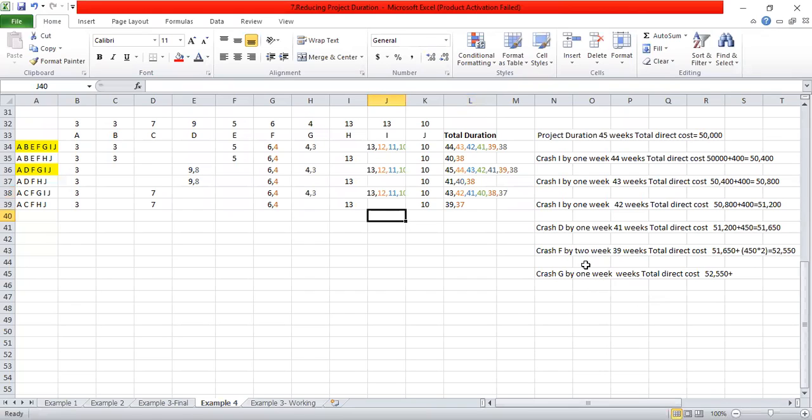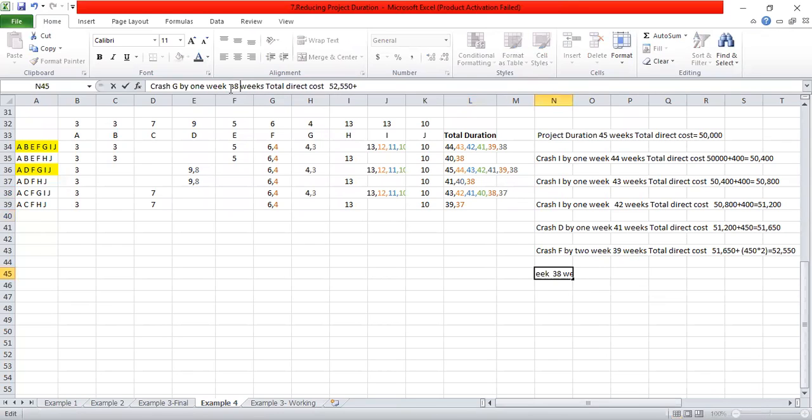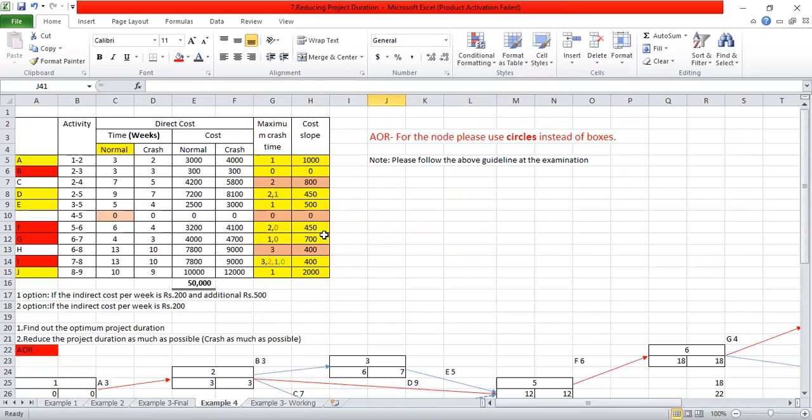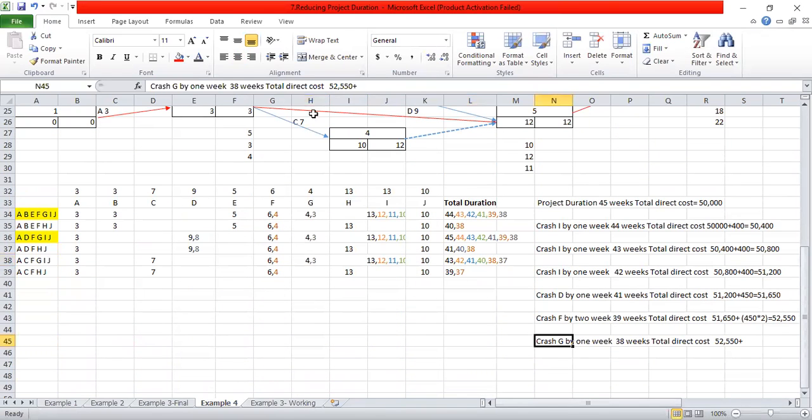What is the critical path? 38, 38, 38, 38. So 38 weeks are there. For the total direct cost, G activity's cost slope is 700. You have to add that cost slope of 700. After adding this 700, it is 53,250. Crash G by 1 week, right?